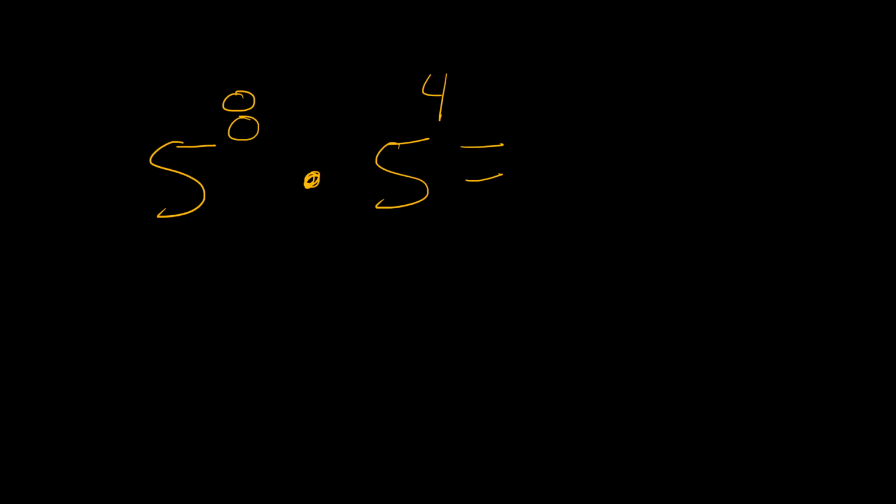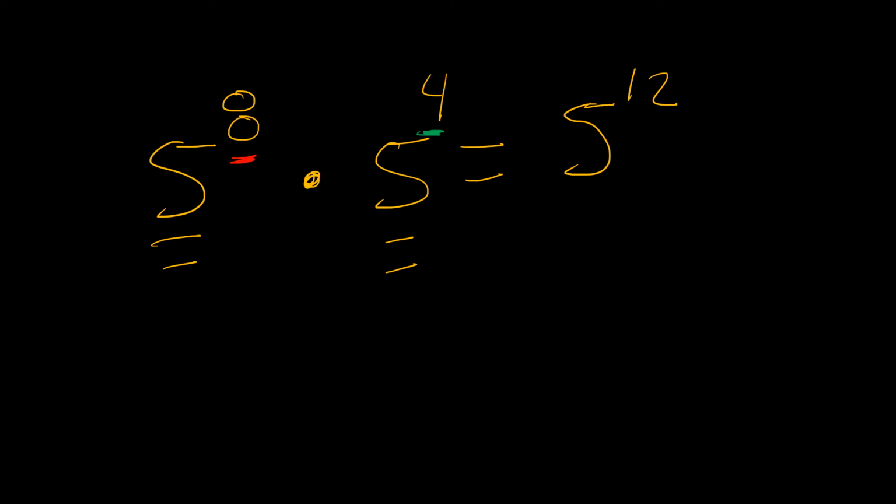We would then take our exponents, 8 and 4, and add them, because both of these have the same base. They're both base 5. So this would be 5 to the 12th power.